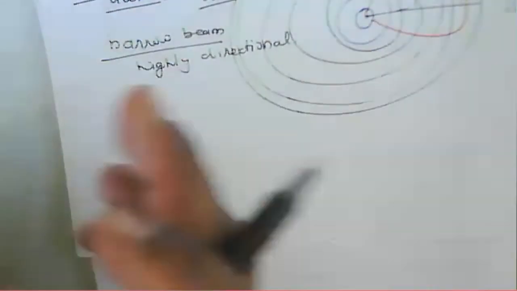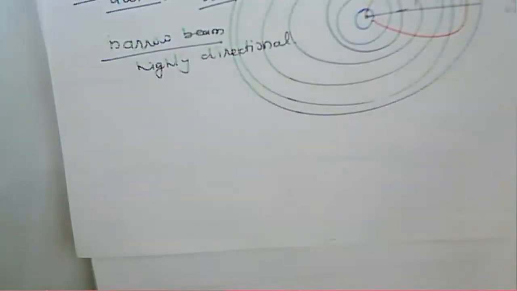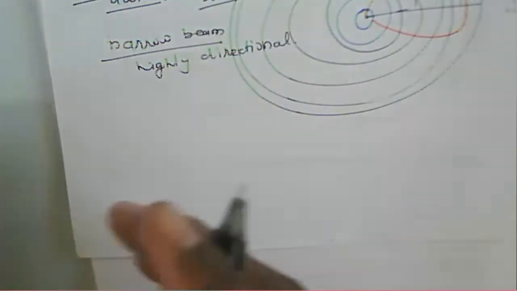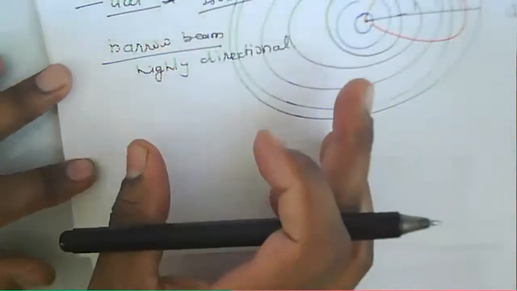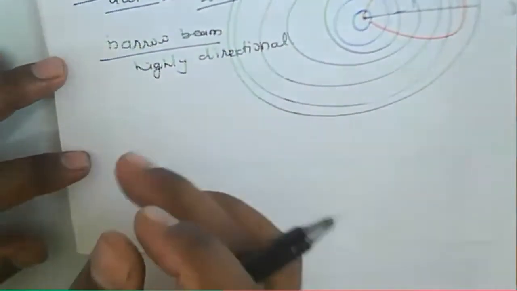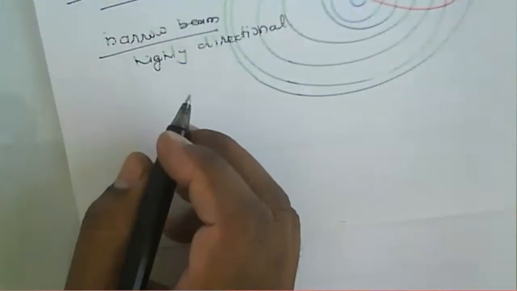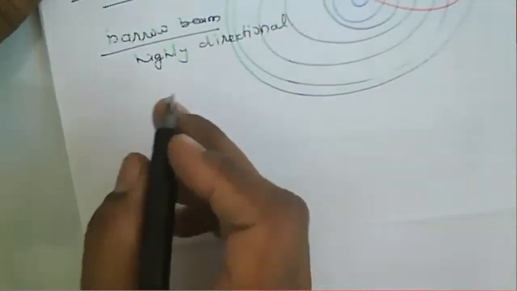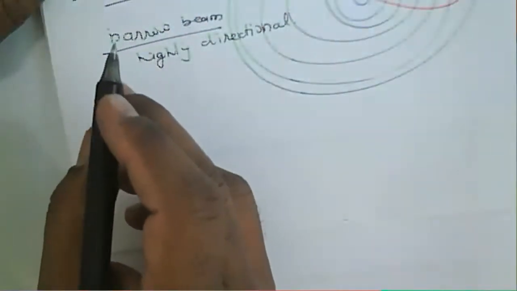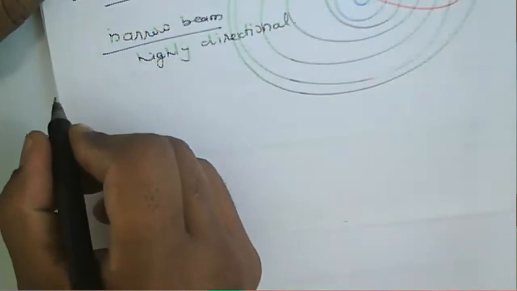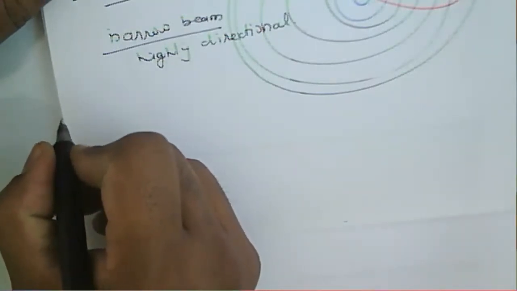So the gain of that antenna depends upon the directivity, or the direction in which your signal is propagating. That's why we consider radiation in a given particular direction, and then we can find the gain of that antenna in the given direction.